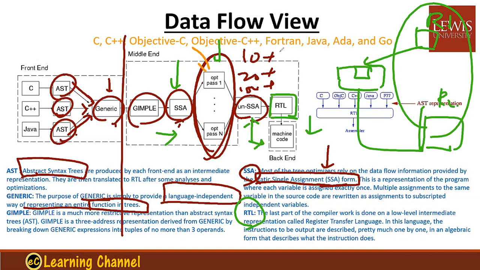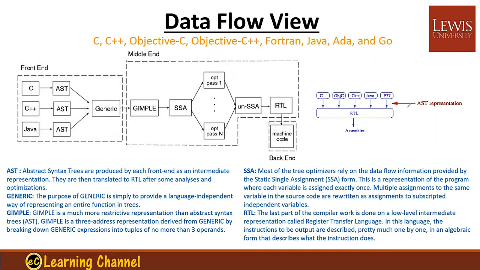One is in the front end, where you do some language-independent optimization. Then in the back end, you still have the machine-dependent optimization. Conceptually, different programming languages generate the AST, then go into a single register transfer level form and then provide it to the assembler. Is that okay?